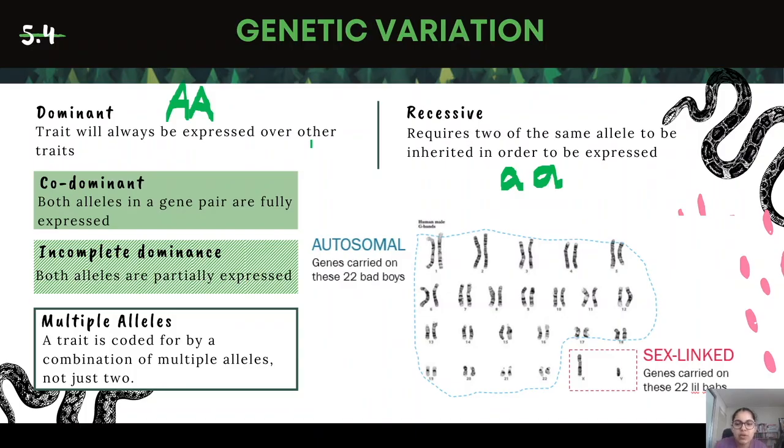The terminology I'll have you remember here is that this is called homozygous dominant. It's homozygous because we've got two of the same alleles, both are capital A's, and it's dominant because they're both dominant. They're both expressed. So anything that's capital when it comes to denoting genotypes is going to be dominant.